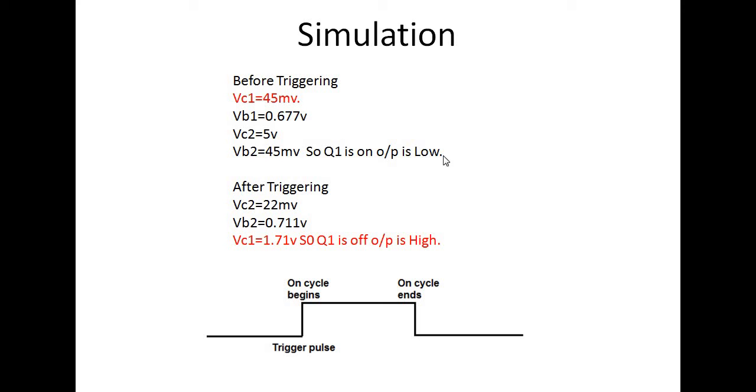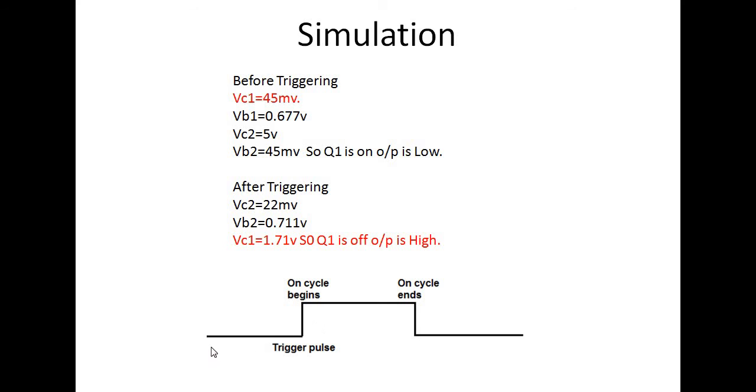Here also we have collected the output at VC1. That's why we said output is low. Now output is 1.71, which is more than 0. That's why we treat this as high. So after triggering, the state of the monostable multivibrator is changed from low to high.